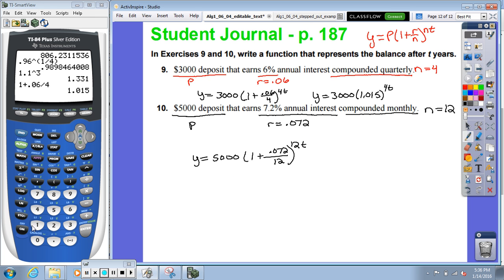Once again, type in 1 plus 0.072 divided by 12. You find out that this is going to be 5,000 times 1.006 to the 12t. And this would be our answer on number 10.